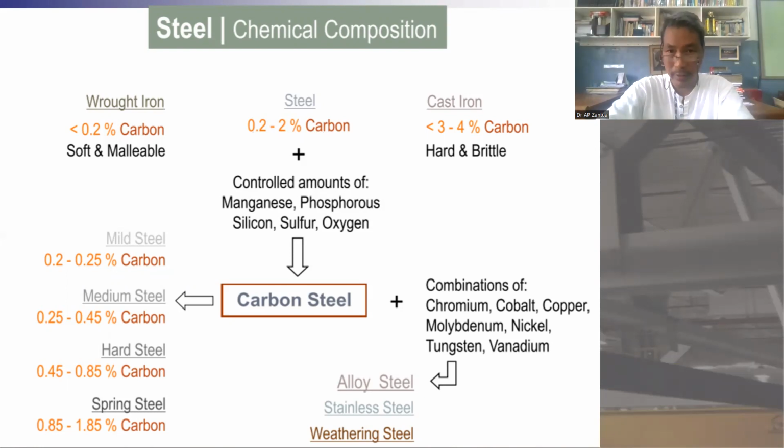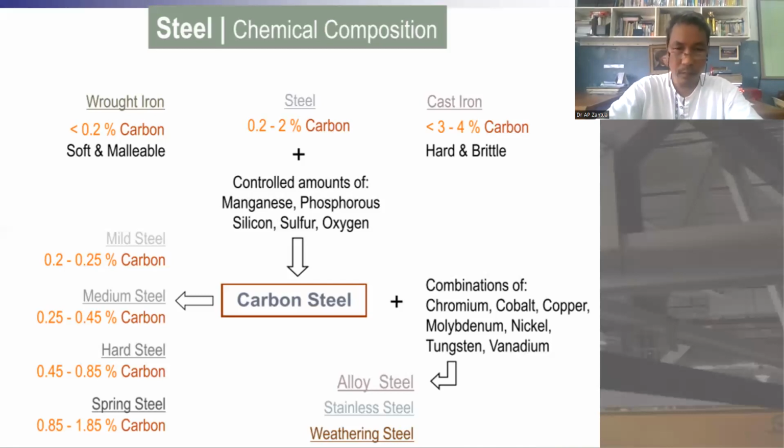So it's very hard, but also brittle. On the other hand, wrought iron is soft and malleable. So when we are talking about steel, we are at 0.2 to 2% carbon plus a controlled amount of manganese, phosphorus, silicon, sulfur, and oxygen.